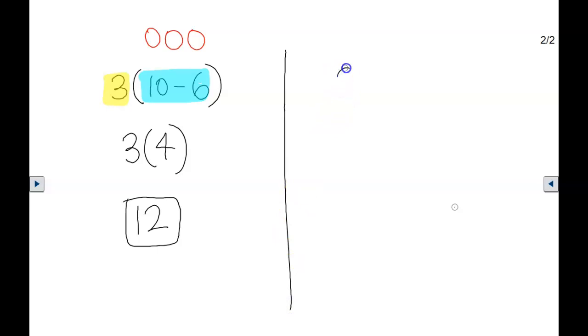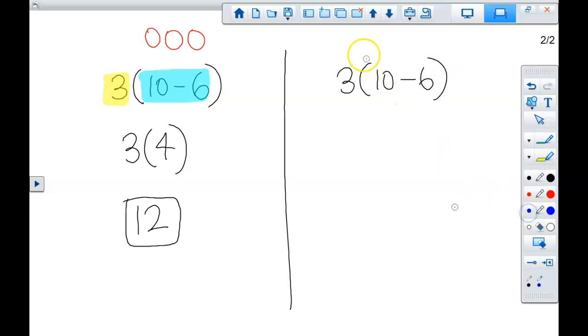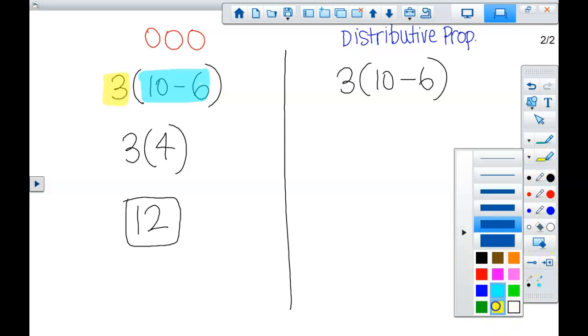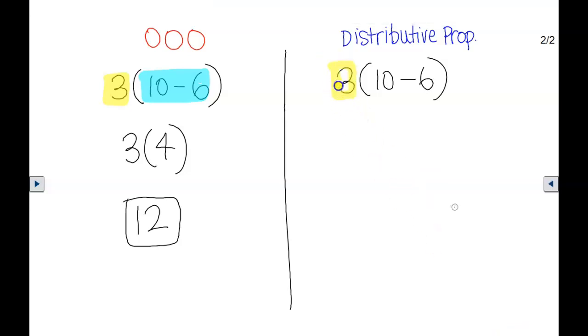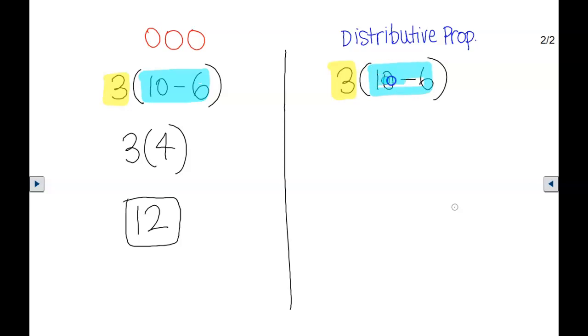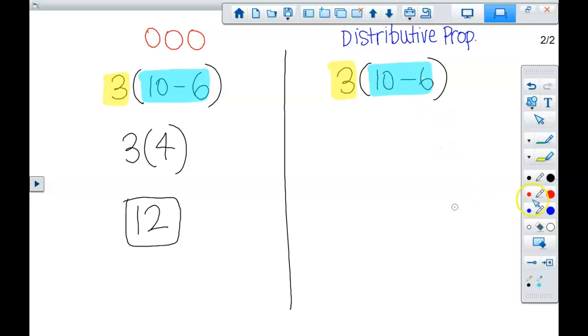Now, I'm going to come over here, same problem. This time, I'm going to do the distributive property. Okay, now what the distributive property says is that if I need to multiply this number 3 by this entire group, 10 minus 6, then I can do that by distributing the 3.